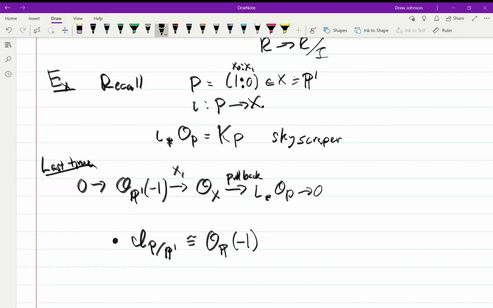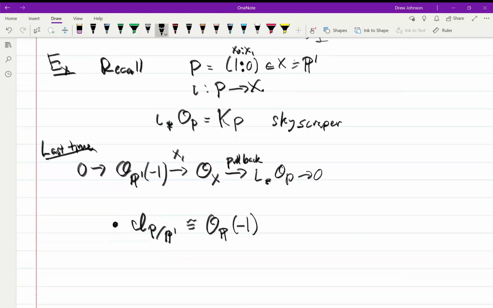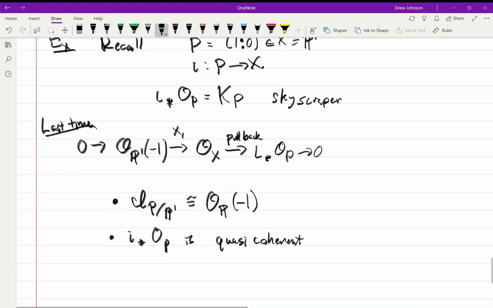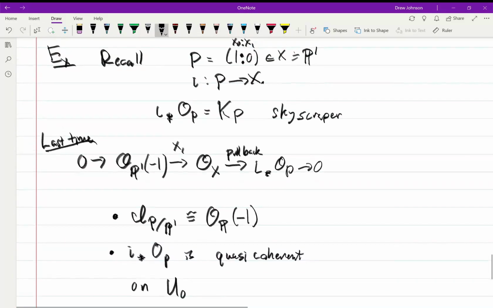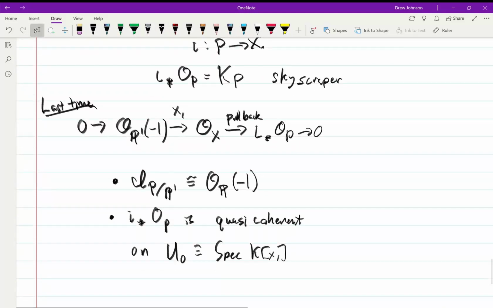But this also helps us see what's going on with this. So i lower star OP is quasi-coherent, and let's see that explicitly. On U0, this is the place where the x0 coordinate is non-zero, so this is isomorphic to spec k[x1], right? Then what does the sequence look like?